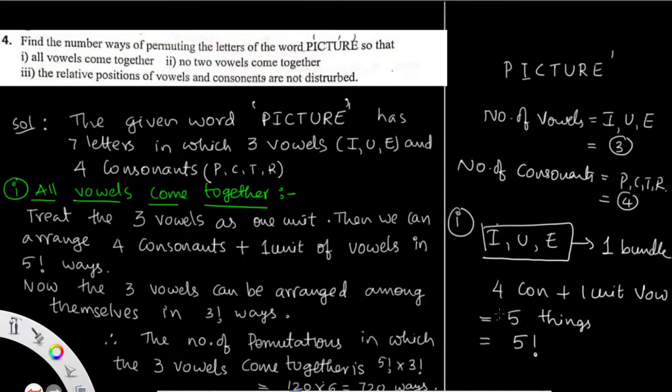Next, the vowels interchange among themselves, starting with E or U or I, anything.